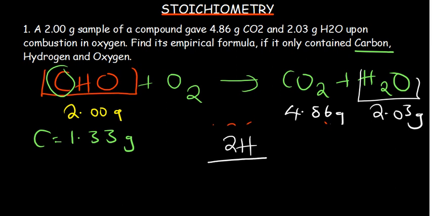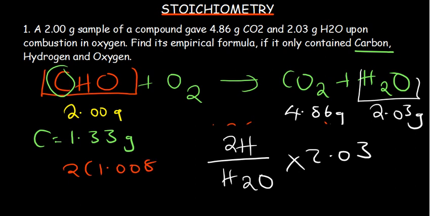Now substitute the relative atomic masses. For hydrogen, it is 1.008, multiplied by 2. Then on the denominator we have the same, representing the two hydrogen atoms, plus oxygen, which is relatively 18 point something.